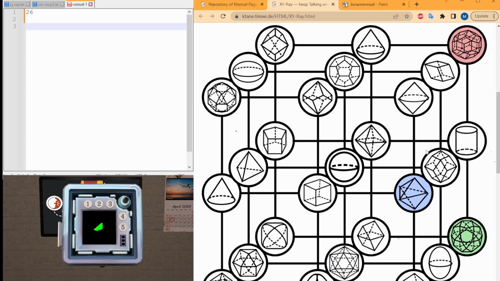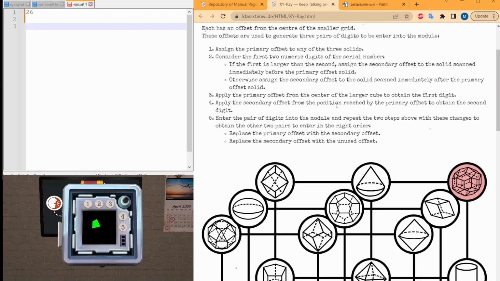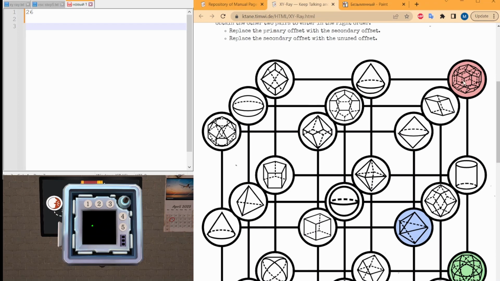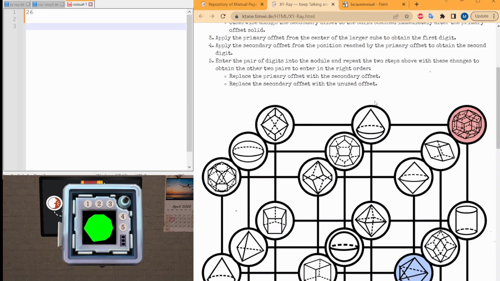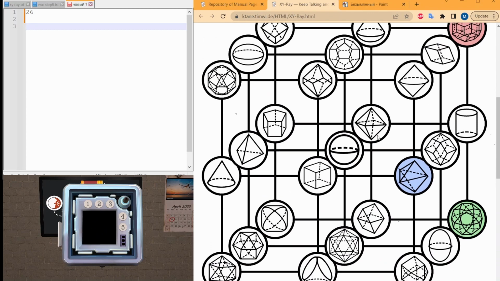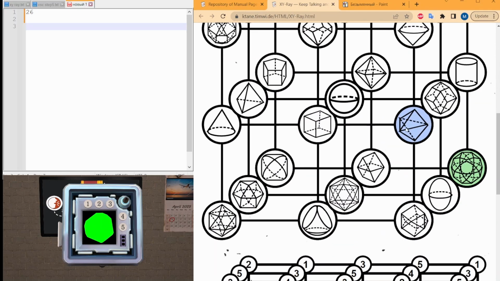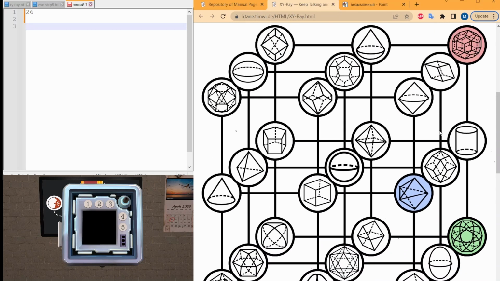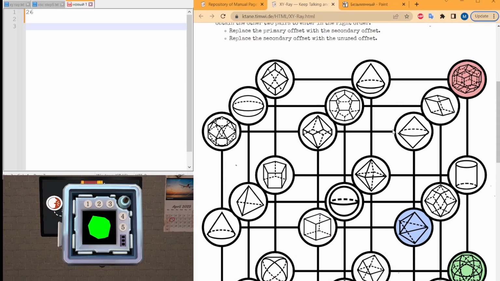So if we assign primary offset to this shape, the rule states to assign the secondary offset to the next shape. But if this rule was true, and if we assign primary offset to this shape, we would have to assign the secondary offset to the shape before, which is this one. Okay, let's start with this one.